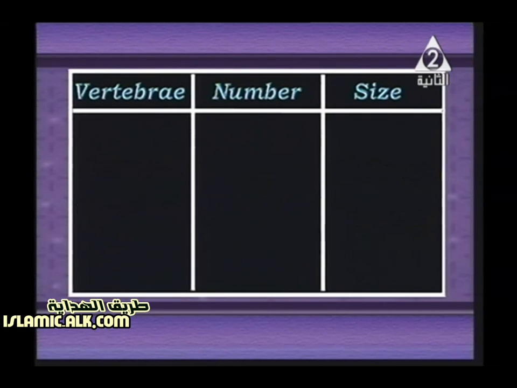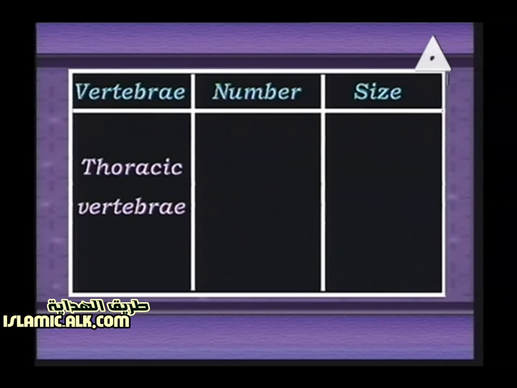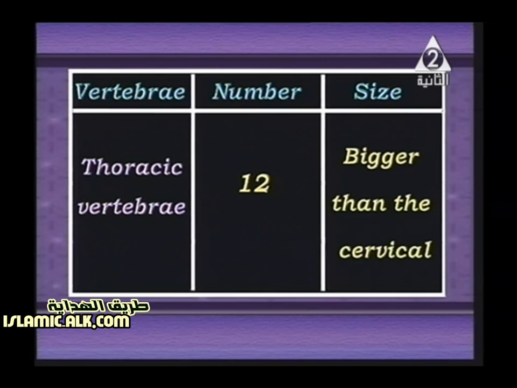The next type is called thoracic vertebrae. From its name, thoracic, they face the chest cavity or thoracic cavity in front of them. They are 12 thoracic vertebrae, and they have a bigger size than the cervical vertebrae.